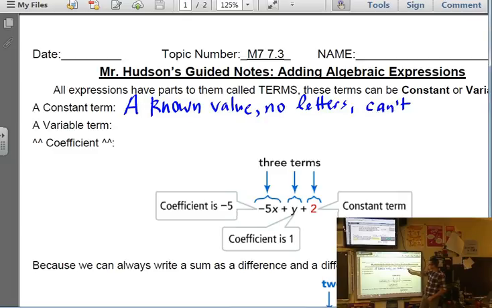It's constant. It will stay the same. It's a known value. We have to be told what it is. Has no letters involved, and it cannot change.